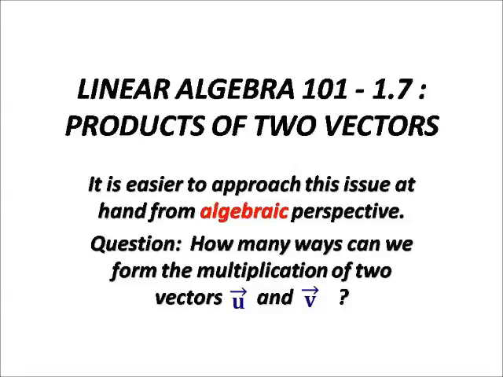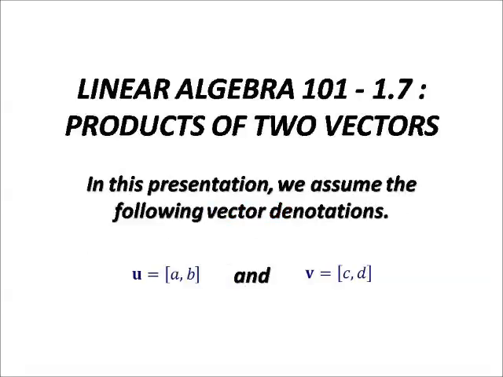Question: how many ways can we form the multiplication of two vectors u and v, where u equals [a, b] and v equals [c, d], enclosed by a pair of square brackets?